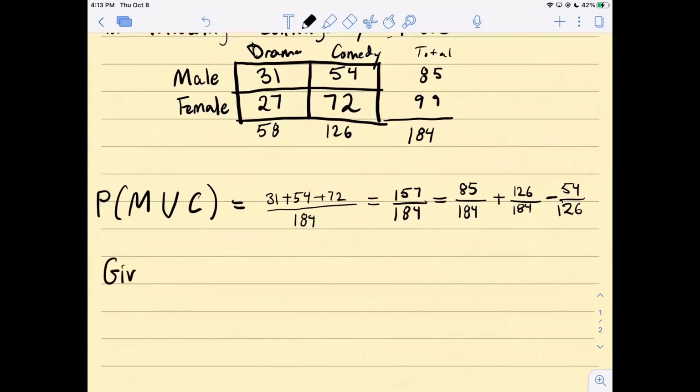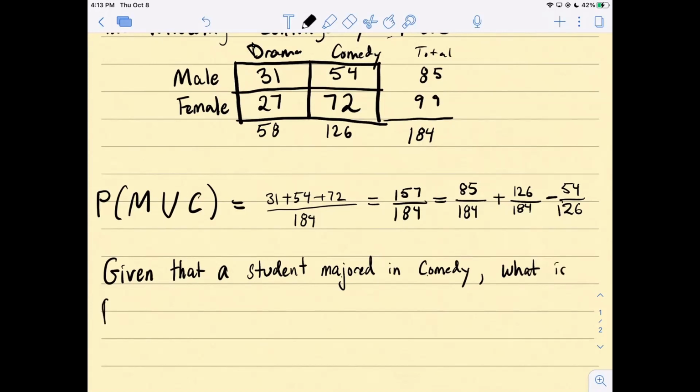Given that the student majored in comedy, what is the probability they are female?